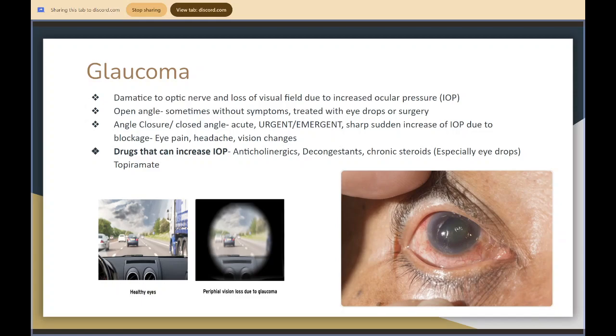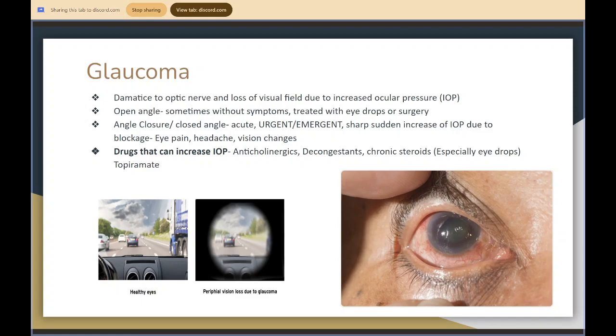Aqueous humor is the fluid in our eye, and it's produced and drained, similar to fluids in a vehicle, and it lubricates the eye and has functions. And so too much of it is not good, too little of it is not good. Too little of it ends up with dry eye, which is something we'll talk about later.